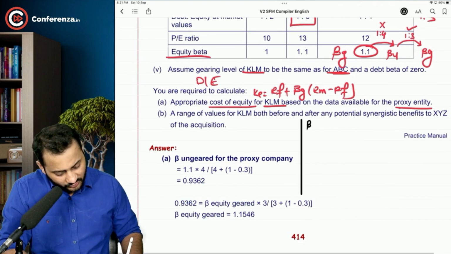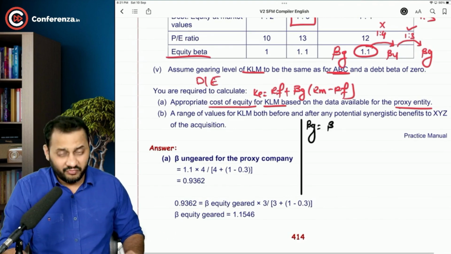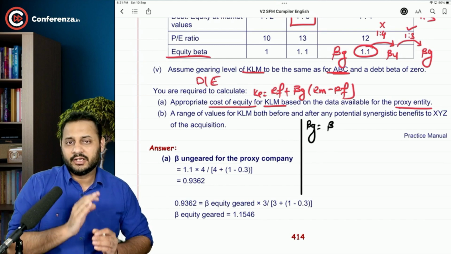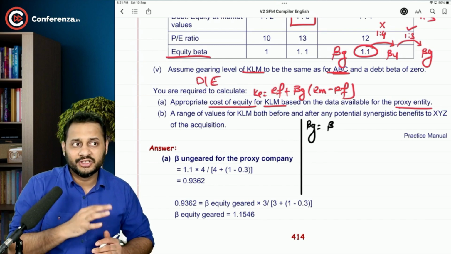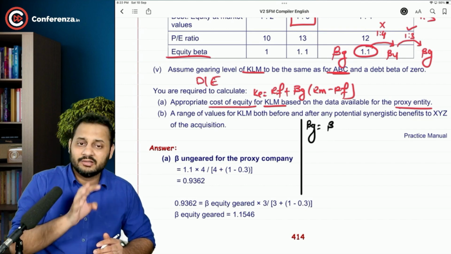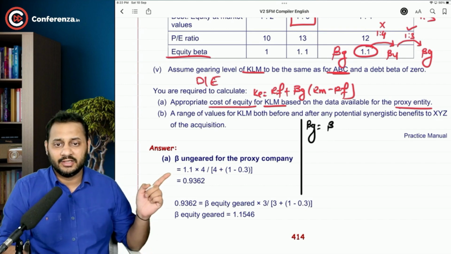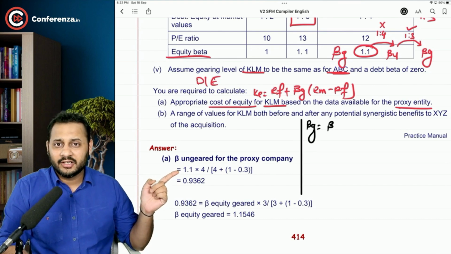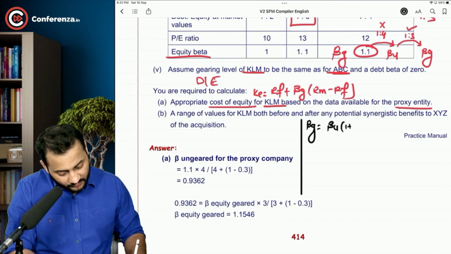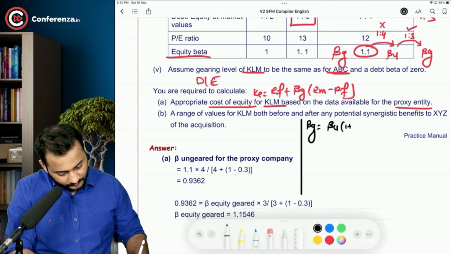What is the formula for geared beta? Always, this is a suggestion, always start with a formula. Whenever you are using a formula, don't just remind yourself of the formula in your mind and then write down the values directly. Like here, they have started directly with the answer. Never do that. Geared beta equals ungeared beta times (1 plus debt equity times (1 minus tax)).